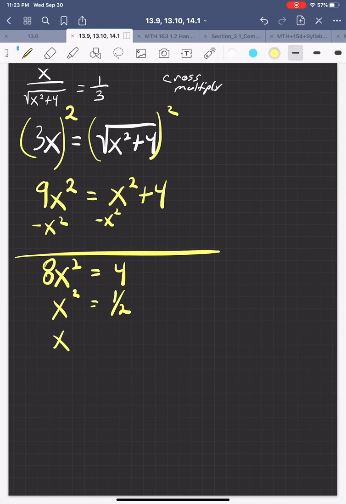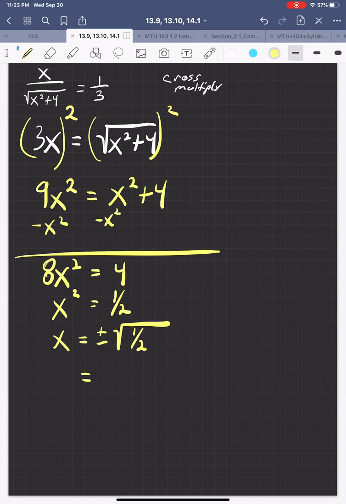That means x is equal to, well, plus or minus the square root of 1/2, right? Forget about the negative. A negative length doesn't make any sense in our application.